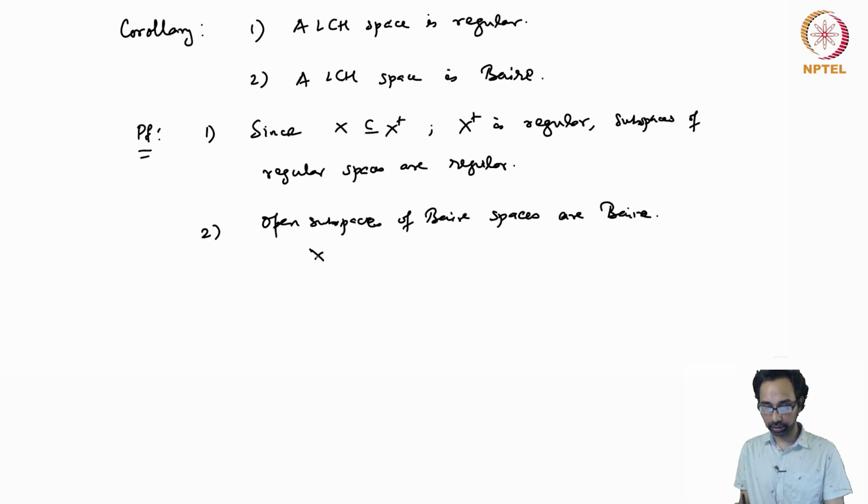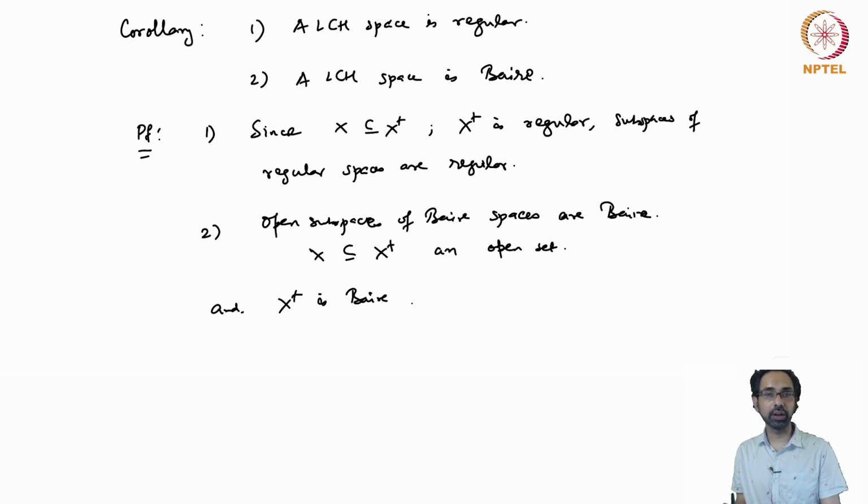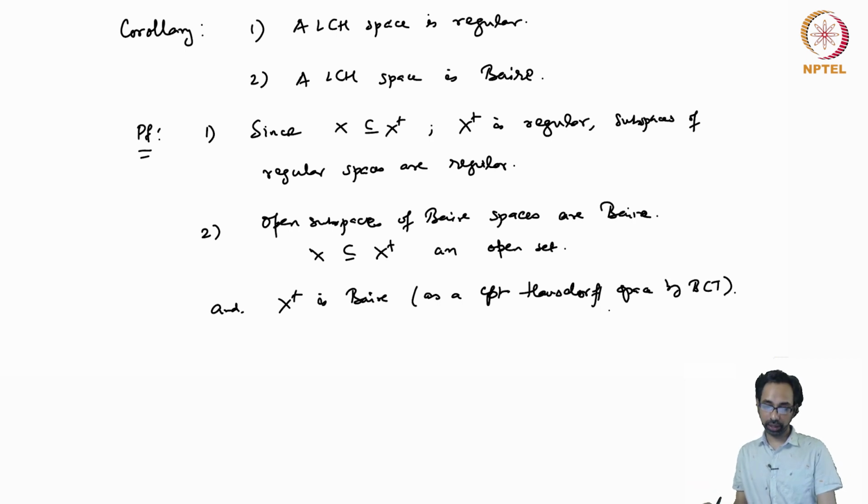So X is an open set in X plus, and X plus is Baire, because as a compact Hausdorff space, by the Baire category theorem, it is a Baire space, and X lies as an open subspace of a Baire space, so it is Baire. So these two corollaries show that locally compact Hausdorff spaces enjoy very nice properties.